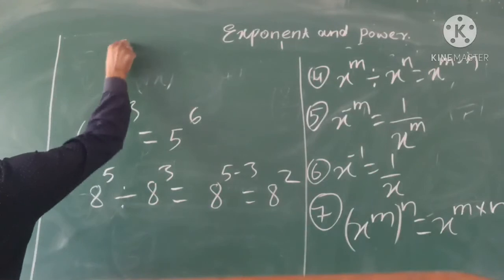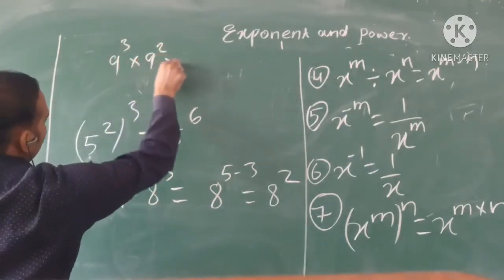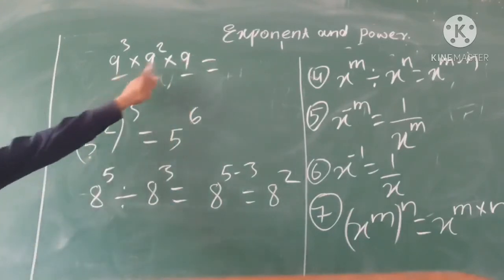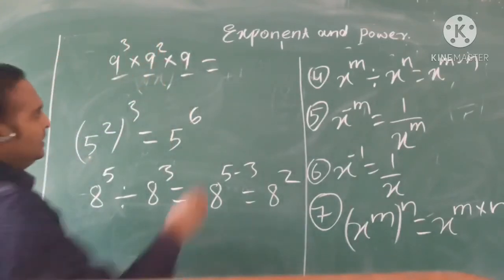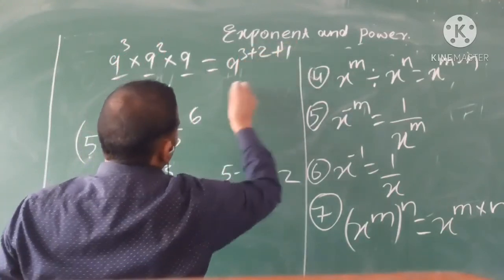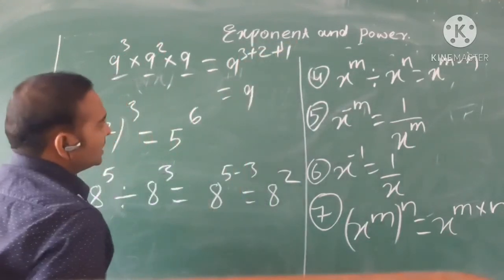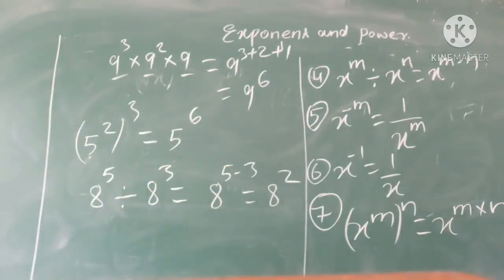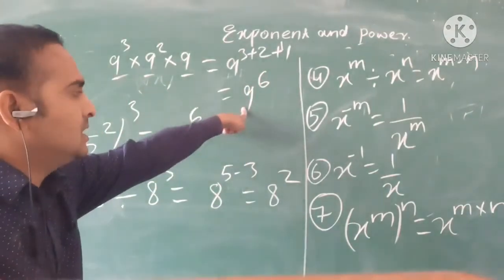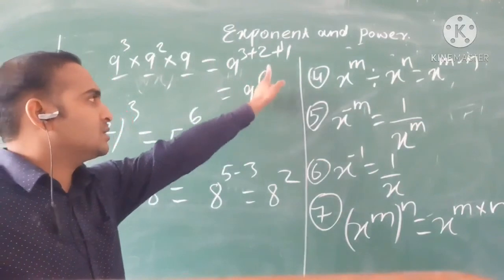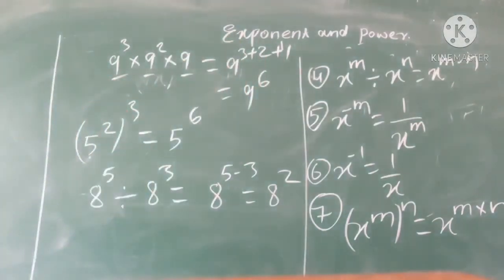Suppose 9 cube into 9 square into 9. Bases are same, in multiplication powers are added. 9 to the power 3 plus 2 plus 1, that is 9 to the power 6. Now again, the base is 9 and exponent is 6.